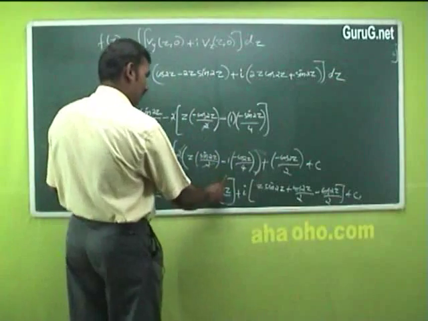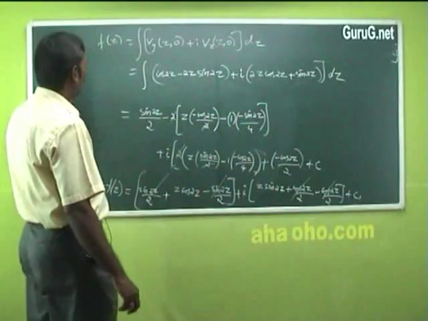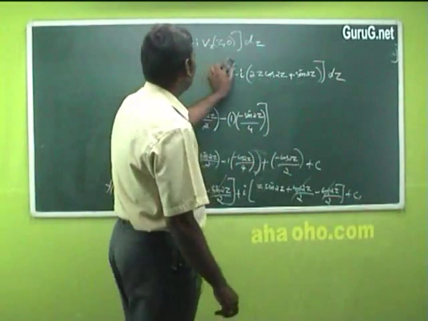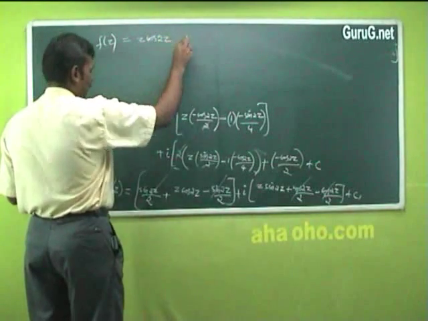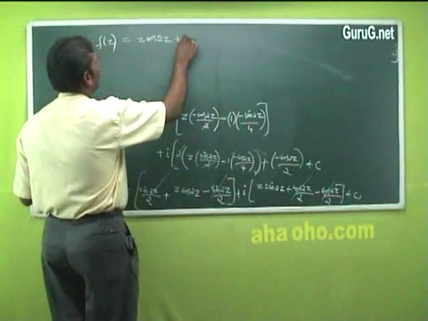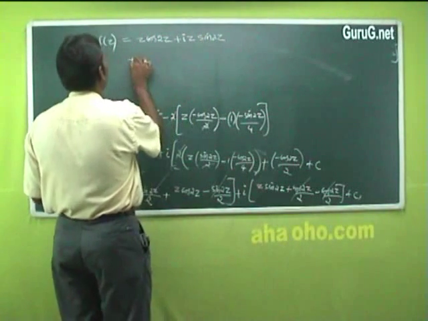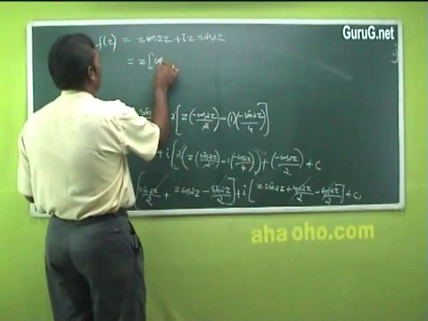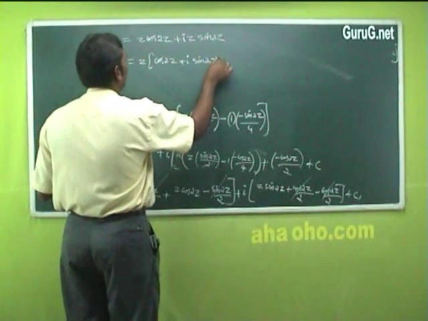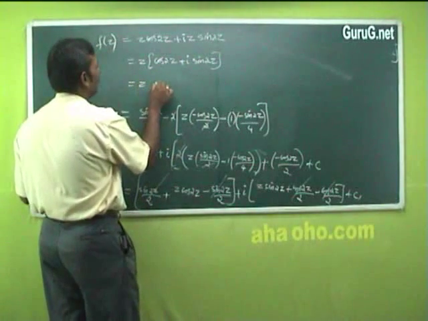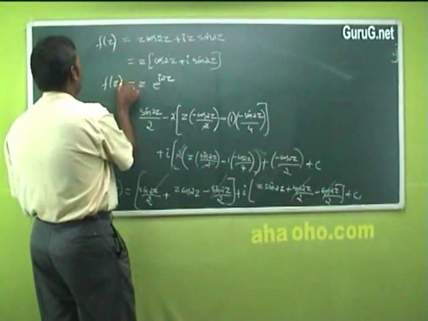This will get cancelled. Therefore f of z equal to z cos 2z plus i into z sin 2z. Taking z outside, cos 2z plus i sin 2z, which is z into e power i 2z. So this is f of z plus c.